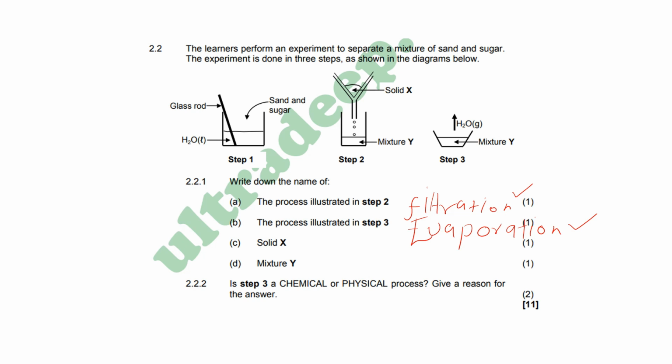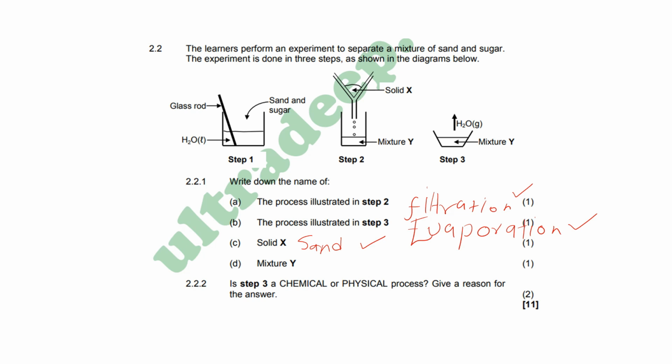C, what is solid X? So what is this solid here? What did I say the solid X is when we are separating the sugar solution from the sand? It is sand. So in our filter paper, at the end of that process that I demonstrated, you will only be left with sand in the filter paper, and at the bottom of your glass beaker, you would have the mixture Y. And now, of course, they're asking us, what is mixture Y?